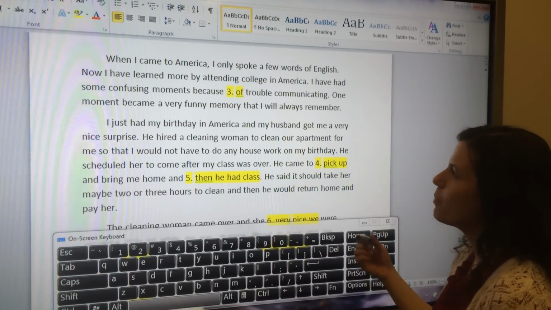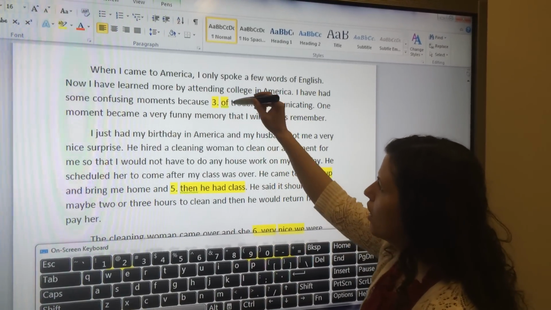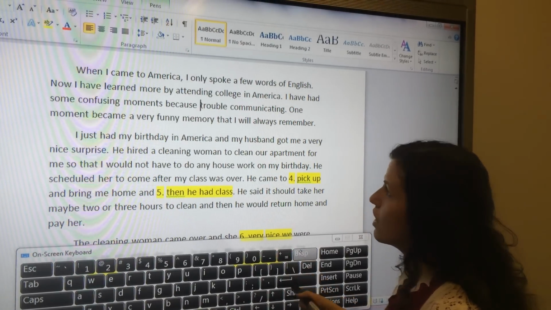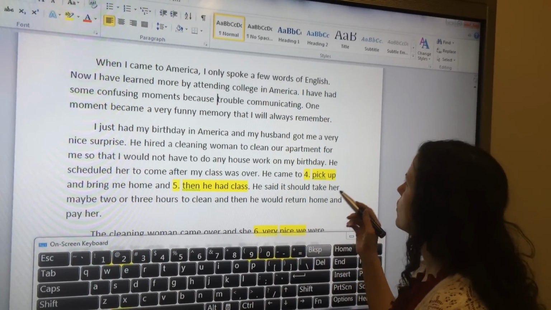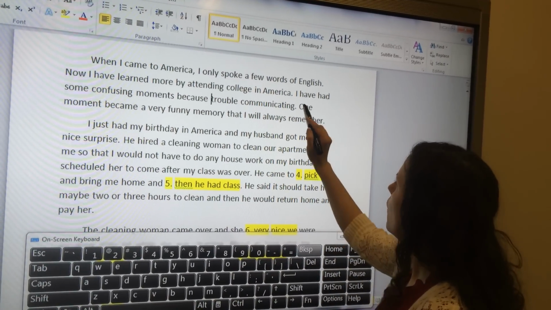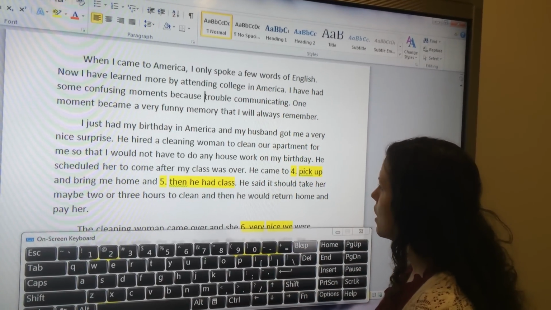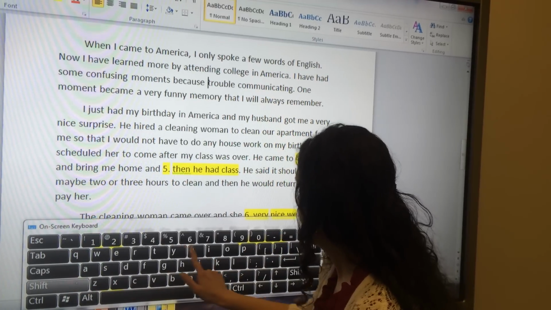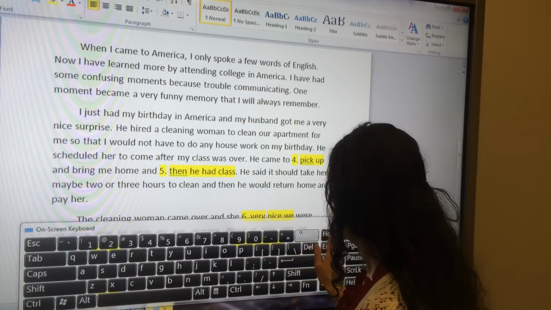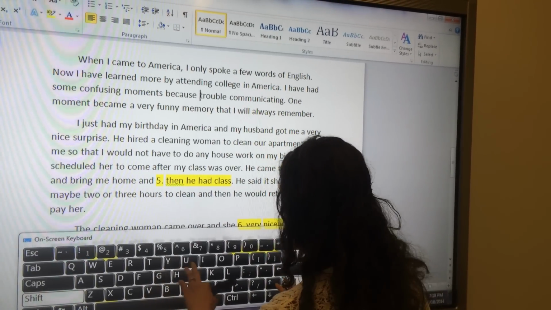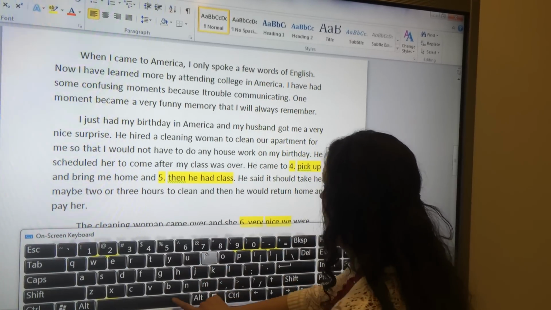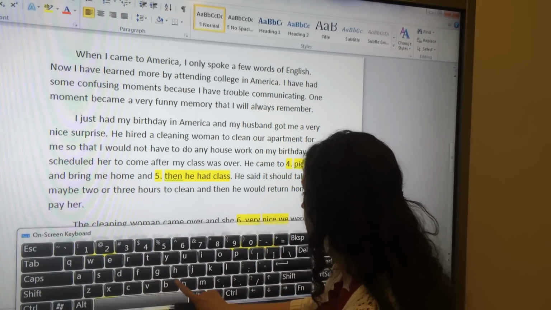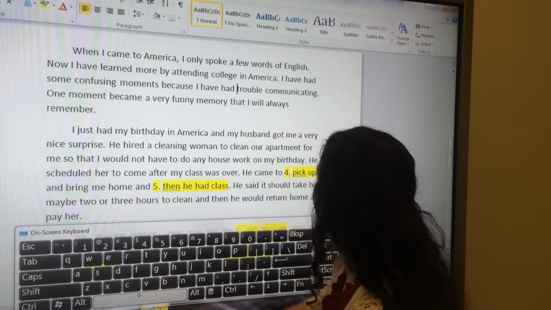I have had some confusing moments because of trouble communicating. So now our focus is narrowing a bit, and we're going to talk about how this student has had some confusing times in America. I'm just going to fix this here because, I have had some confusing moments because I have had trouble communicating.